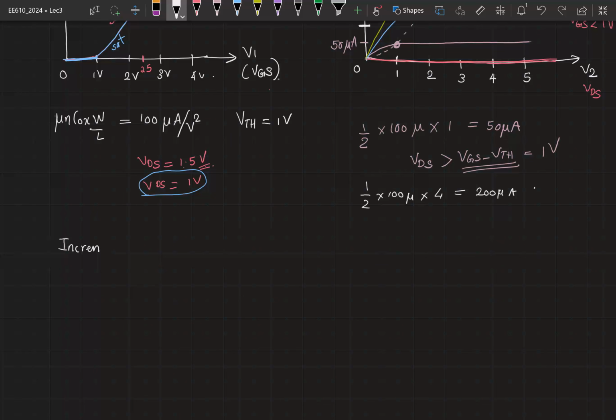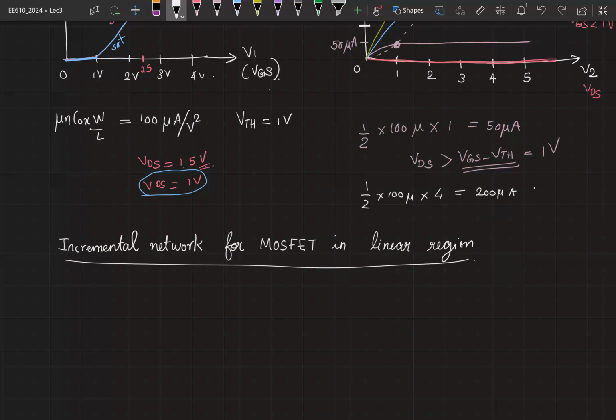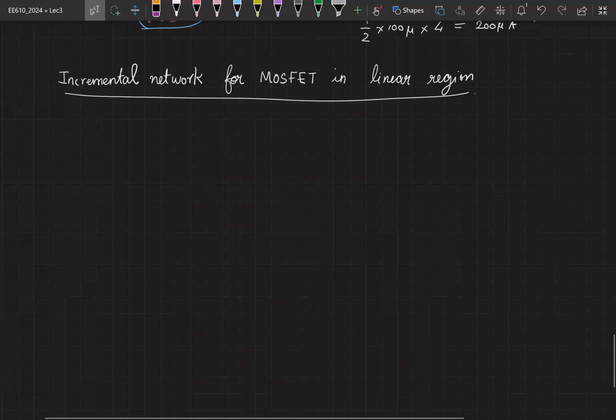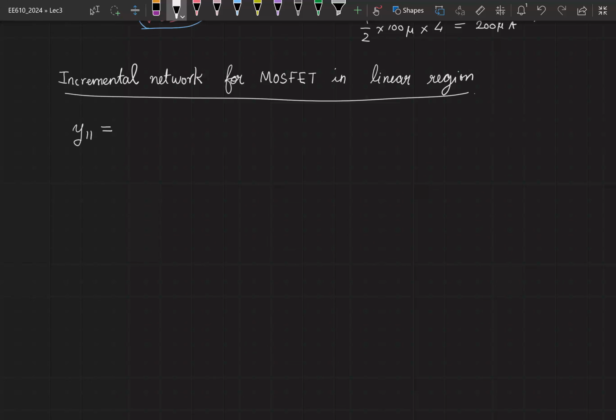So we are going to look at the incremental network for the MOSFET in linear region. We'll first list down the parameters. Y11 is equal to dou Ig divided by dou V1.